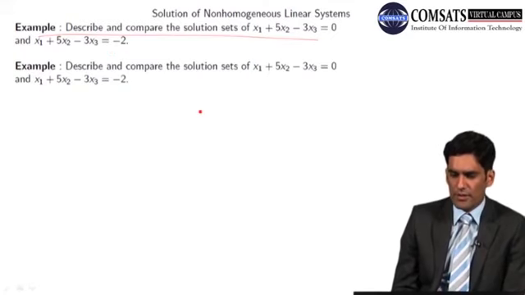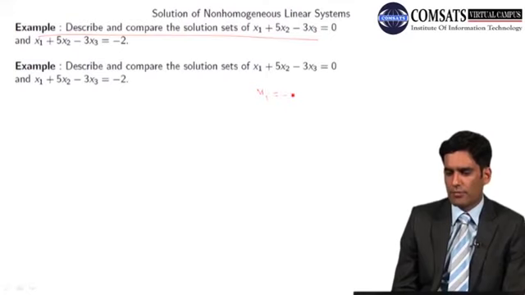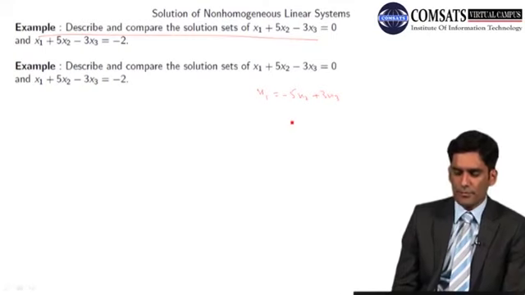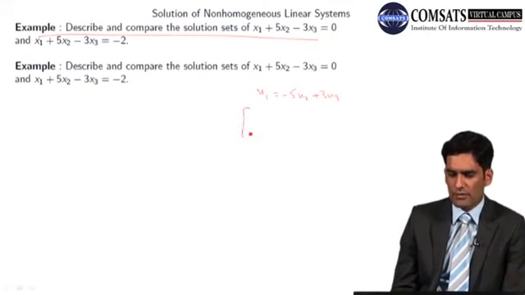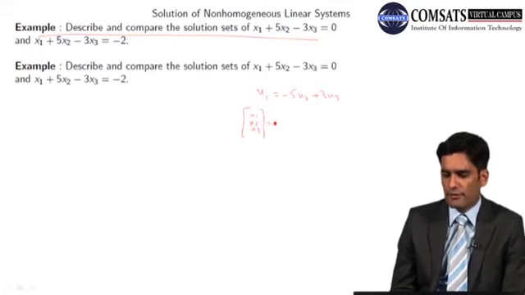So the homogeneous equation has the solution x1 equals minus 5x2 plus 3x3. If I have to write down the vector equation or parametric vector equation for this solution, I have two free variables, x2 and x3.